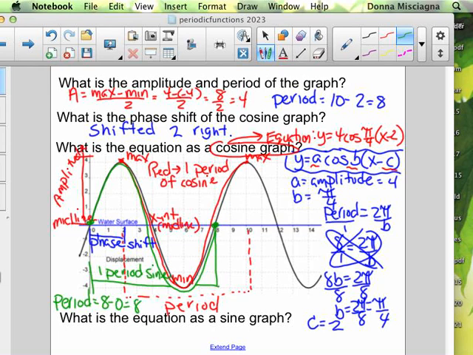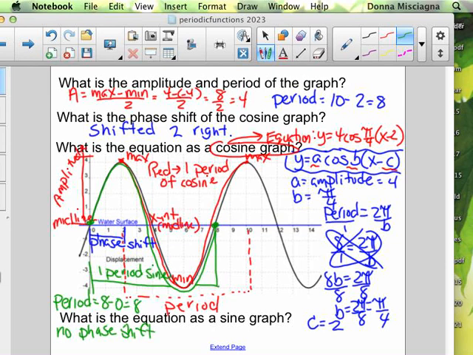The one thing that is different is the phase shift. Notice that the graph now starts on the y-axis. So there is no phase shift. Other than that, the equation is exactly the same for sine as it is cosine.